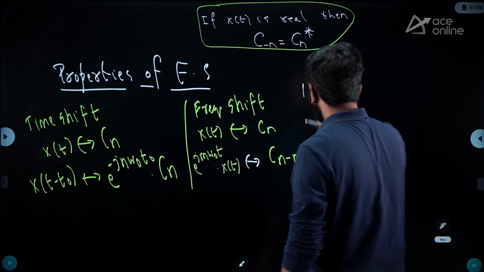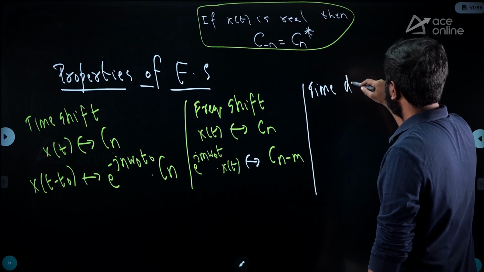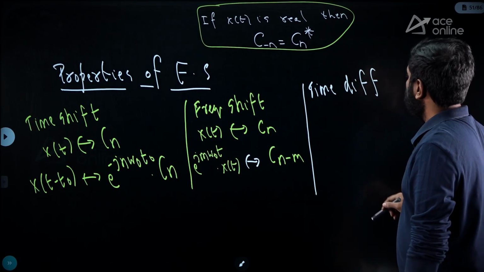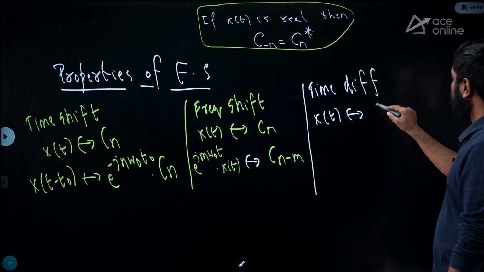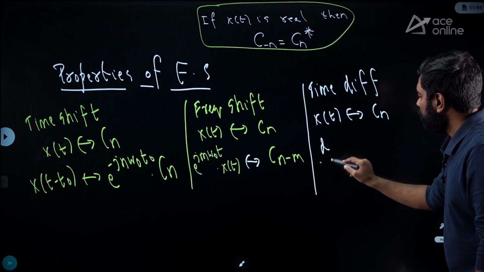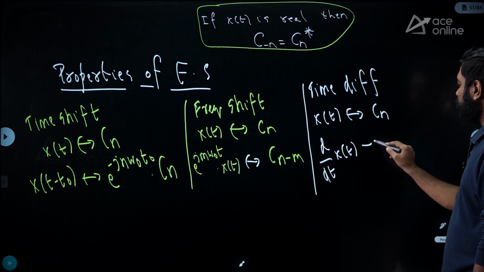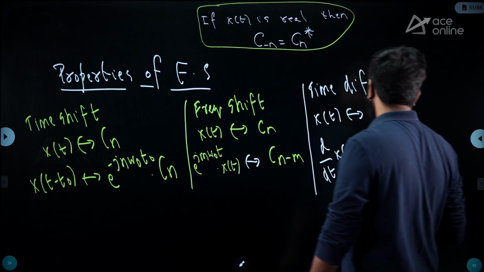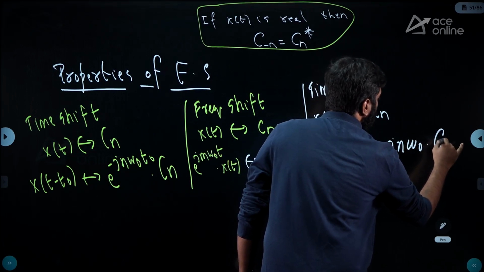There are many other properties. Let's learn the differentiation property, time differentiation. So what does this say? If x of t Fourier series coefficient is Cn, then d by dt of x of t, the derivative of x of t, is also a periodic signal whose Fourier series coefficient is j n omega naught into Cn.